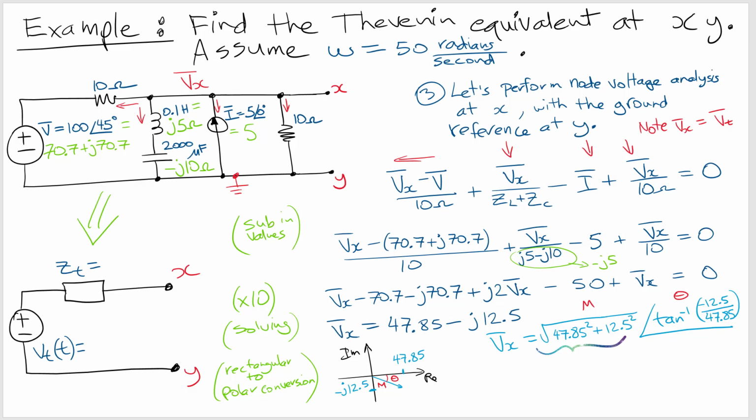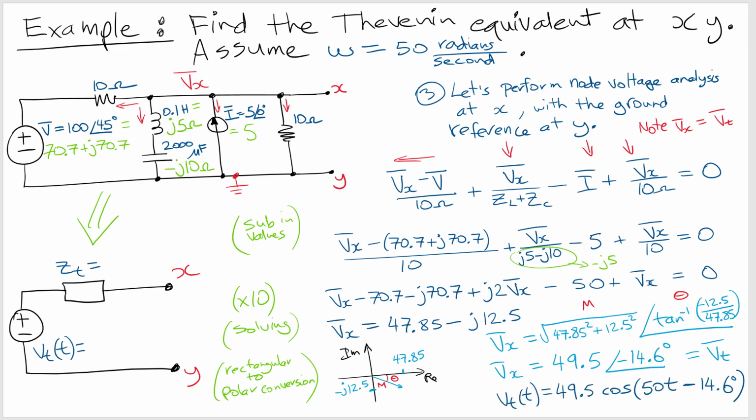That works out to 49.5 and a phase angle of minus 14.6 degrees. And that's our V Thevenin. Okay? And then it's very straightforward to come into the time domain.